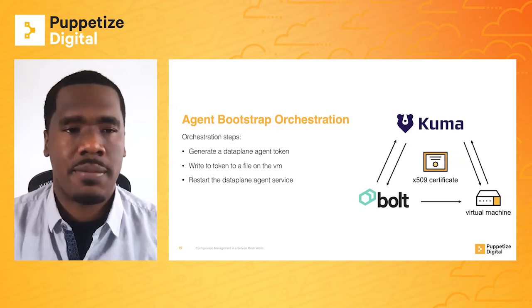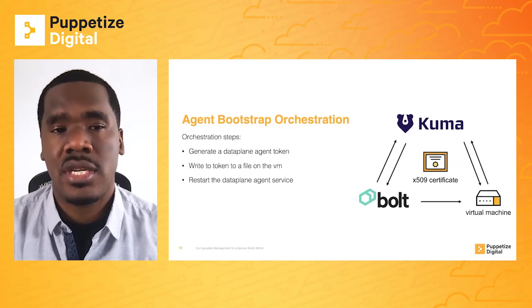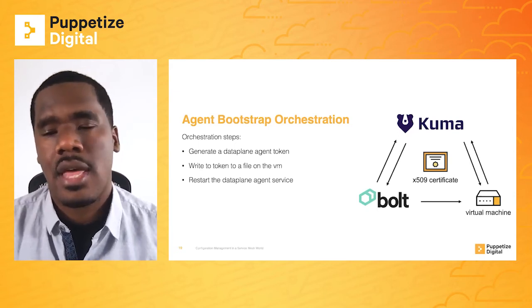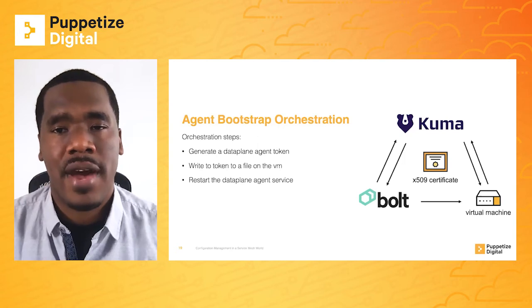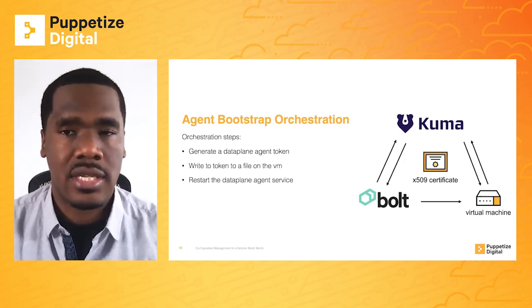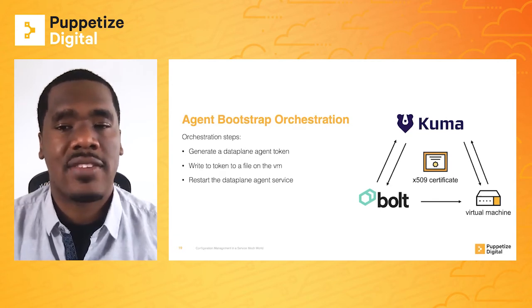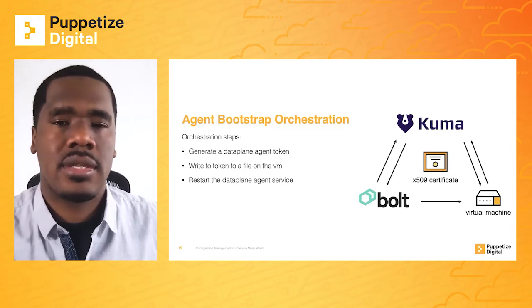So in this particular example, it's generate a token, write the token to a file on the virtual machine, and then restart the data plane agent service on the virtual machine to help bootstrap that process. And then once that's done, the virtual machine now has some way to provide a form of identity, initial identity to the control plane, and then ultimately get back that X509 certificate as part of the capabilities.